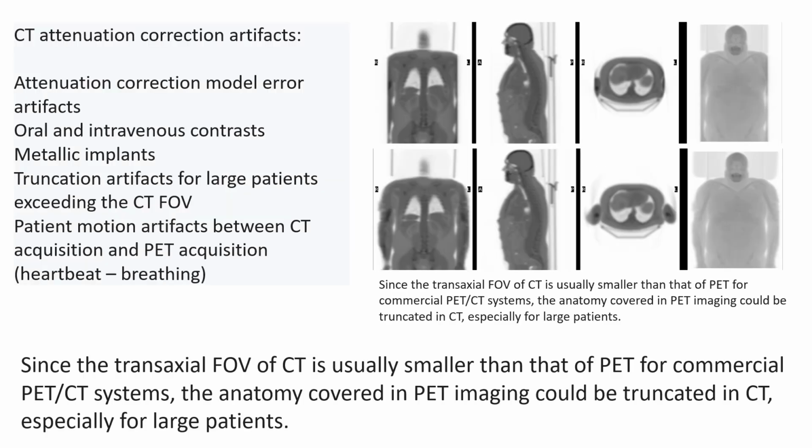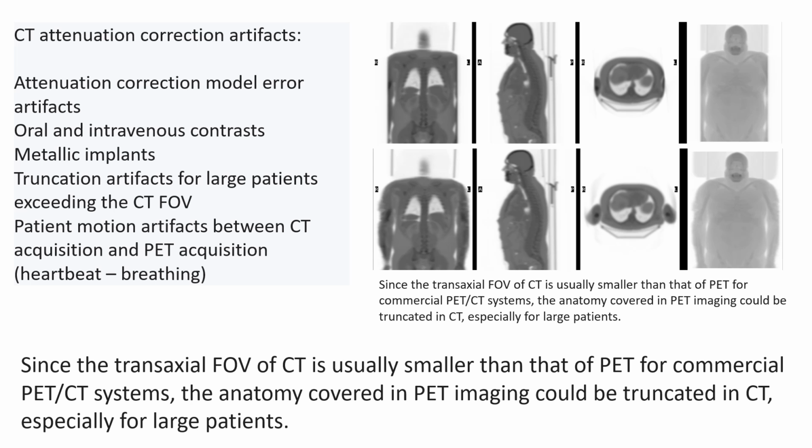Other artifacts can be introduced by correction for attenuation with CT. The most common are due to the presence of oral implants or in general of other metallic implants. Another typical situation in which the correction for attenuation introduces artifacts is associated with the transaxial field of view of CT, which is usually smaller than that of PET for commercial PET-CT systems.